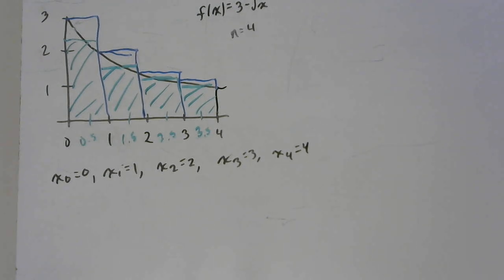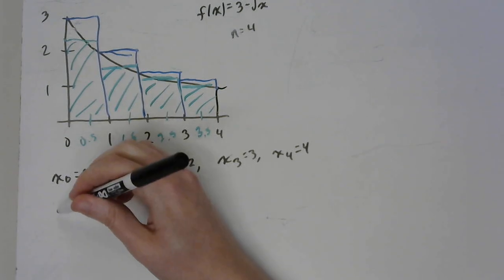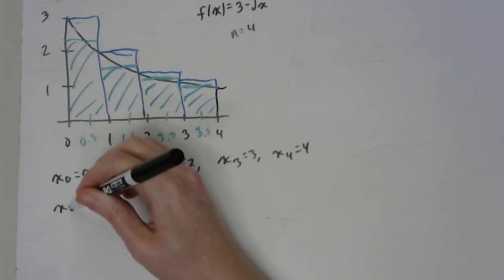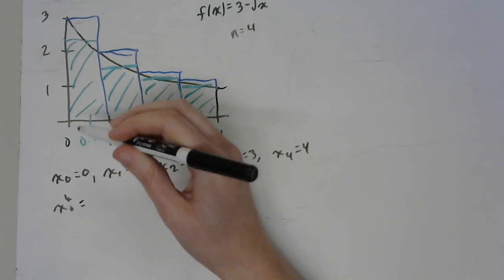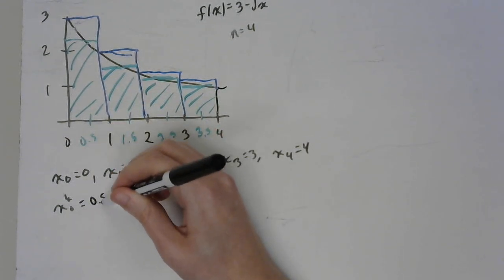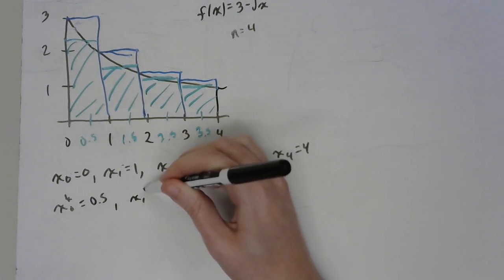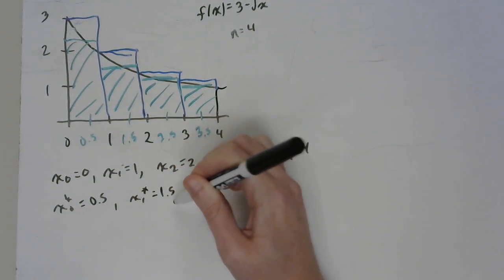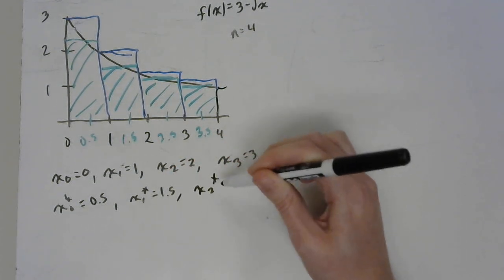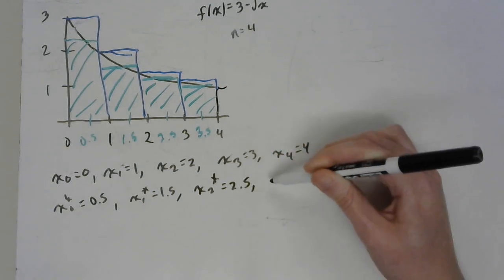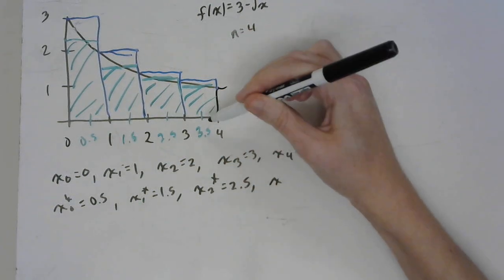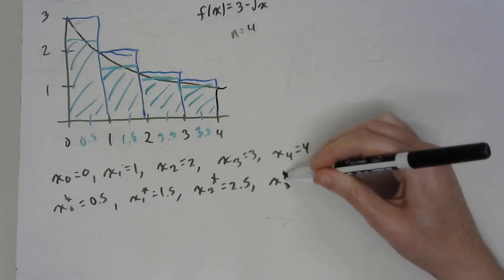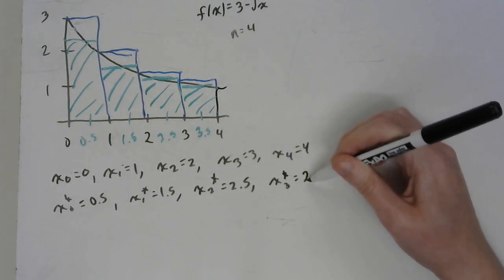Those are still our interval endpoints, but if we want to write down what we're plugging in, one way of denoting that would be x sub 0 star. In this interval starting with x sub 0, the point that I'm actually plugging in is 0.5, and then x sub 1 star would be 1.5, x sub 2 star would be 2.5, and then we'd stop with the point in our interval starting with 3, so x sub 3 star would be our last one, 3.5.